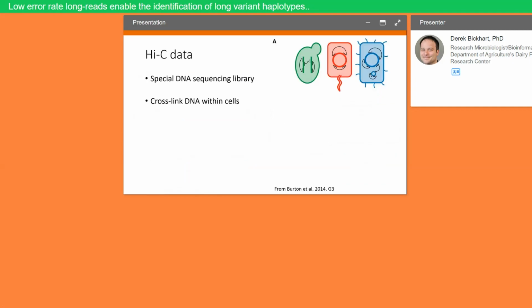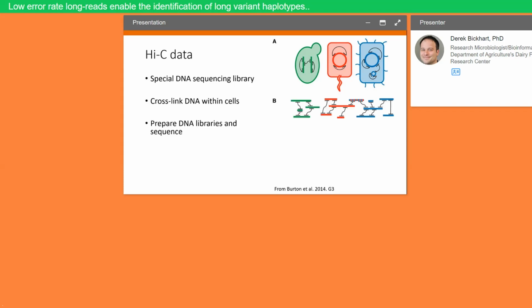In addition to this, we also wanted to generate some longer range information, and we typically use Hi-C data in order to generate this for metagenomes. Hi-C is the use of cross-linked DNA within individual cells, and in this figure you can see the cross-linking indicated by the black bars.